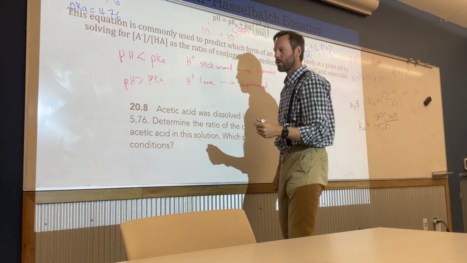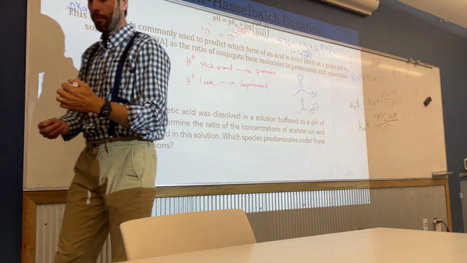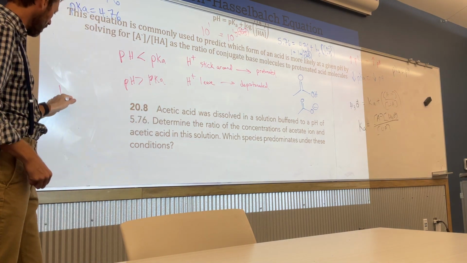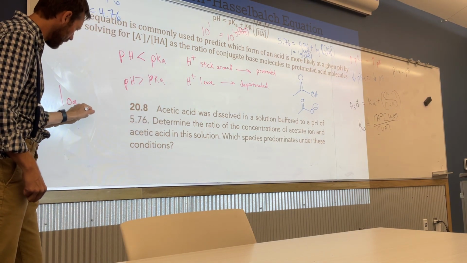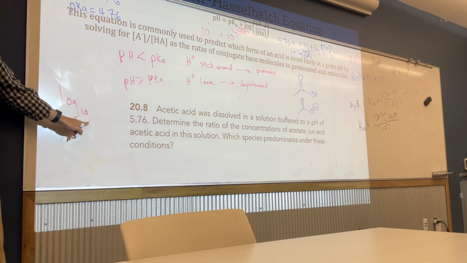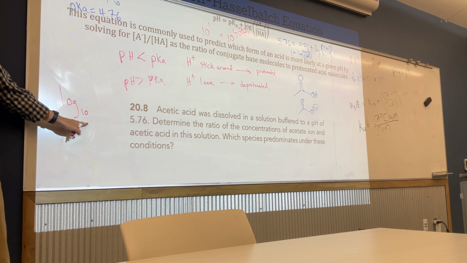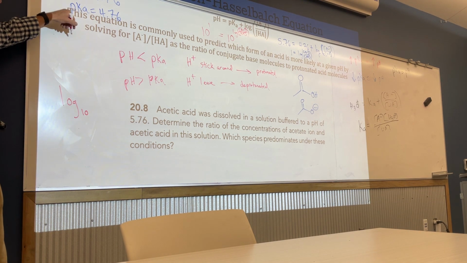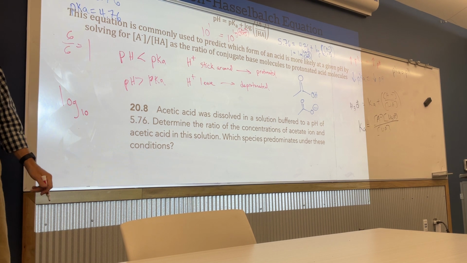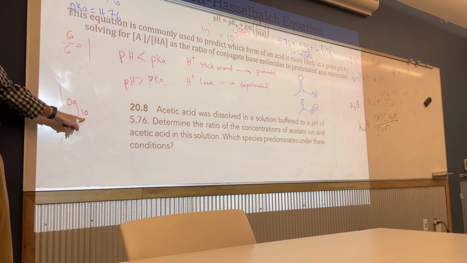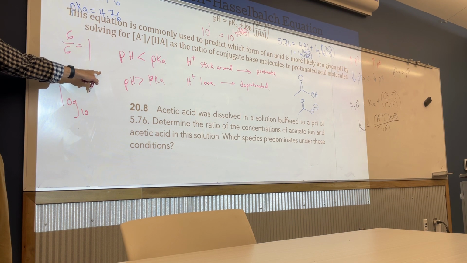When we write log base 10, we write 10 as a subscript. You can kind of think of it the same way as, what's 6 over 6? 1. What's a subscript over a superscript? 1. Okay.